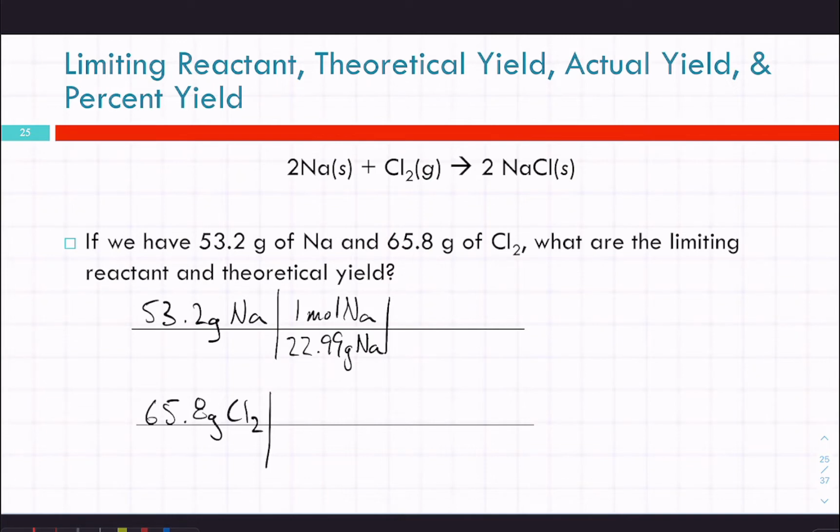So just make sure that you put these into your equation in the right order, right? Have the right one on top, right one on the bottom. So 2 moles of sodium on the bottom, 2 moles of sodium chloride on top. So that will give us moles of sodium chloride.